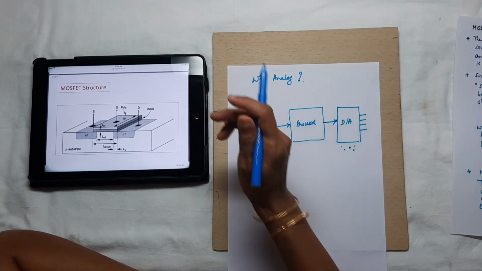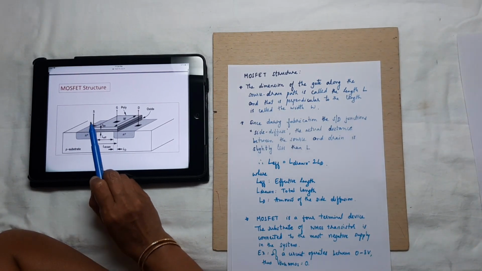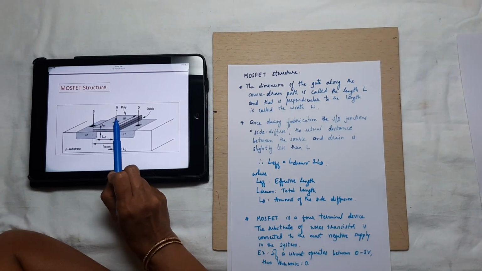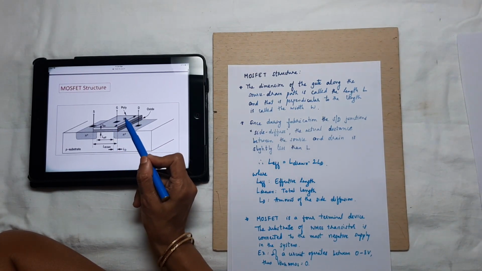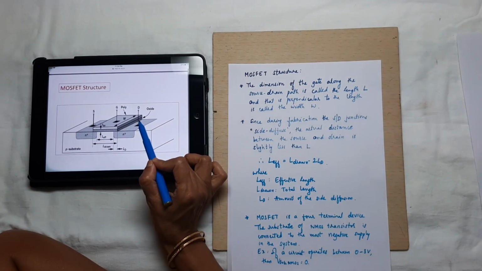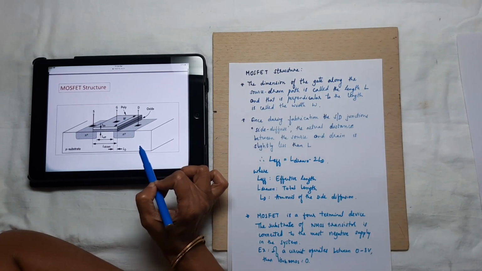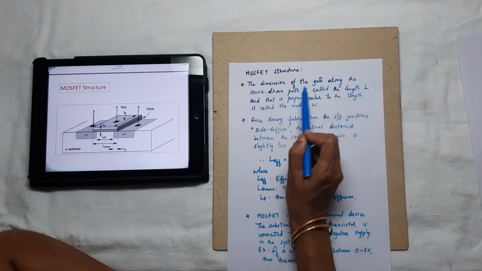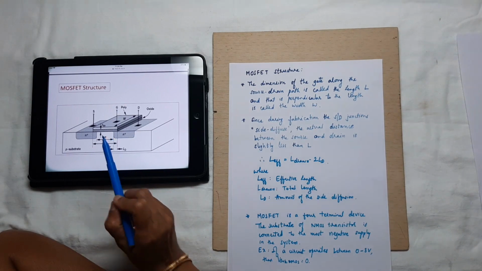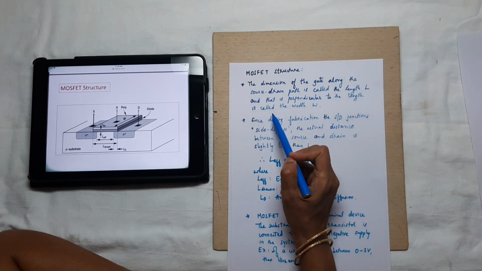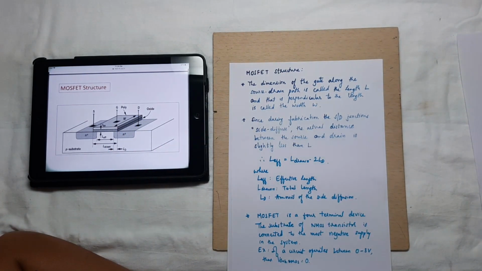MOSFET structure: as we have already studied, it consists of 3 terminals, source, gate and drain. The gate is a polysilicon gate, and between the polysilicon gate and the substrate we have a very thin oxide. The dimension of the gate along the source and drain path is called the length, and the dimension perpendicular to the length is called the width of the transistor.